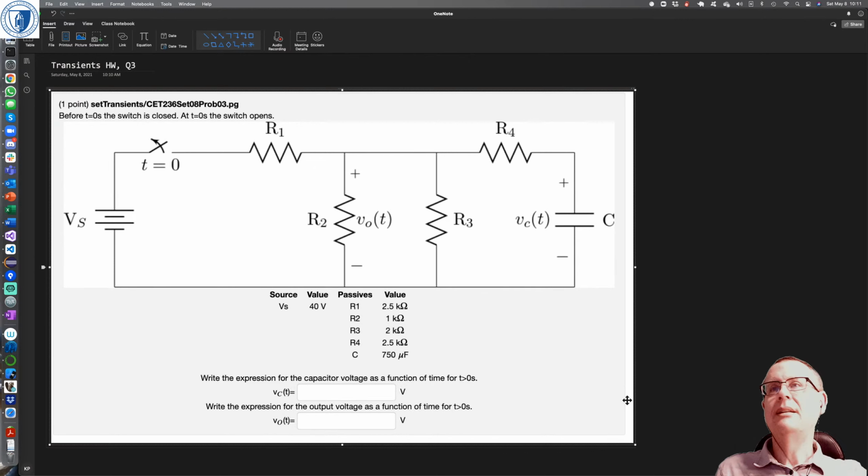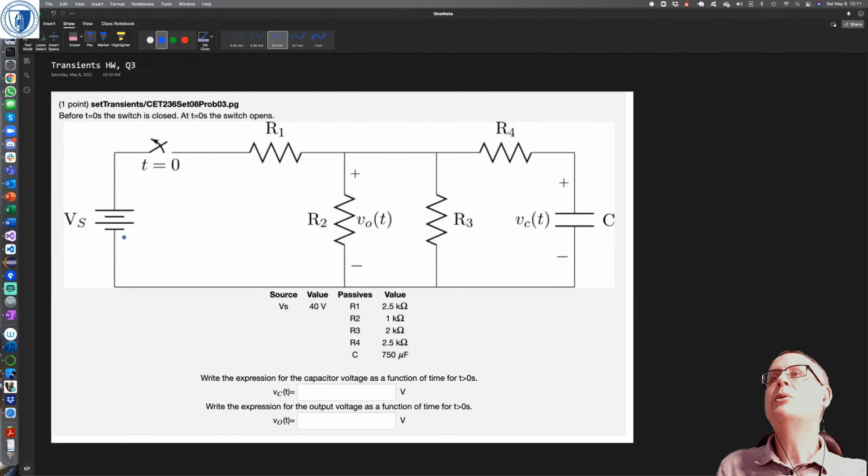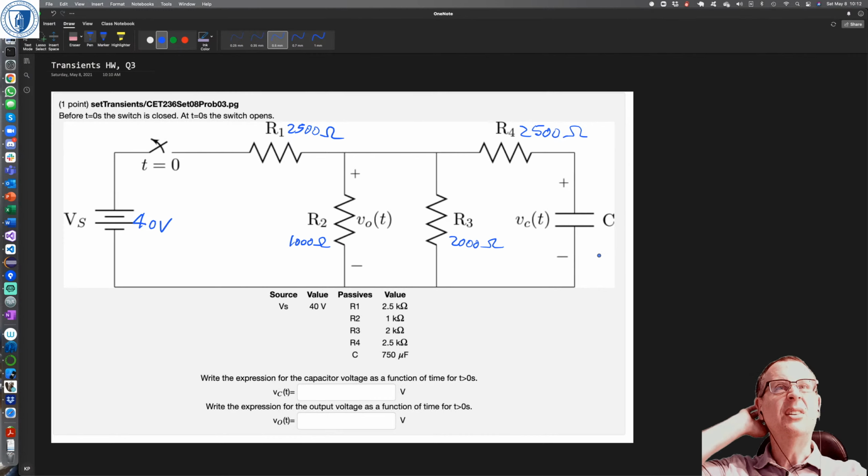And we've got a 40 volt power supply, and R1 is 2500 ohms, R2 is 1000 ohms, 1 kilo ohm, R3 is 2000 ohms, R4 is 2500 ohms, and my capacitor is 750 microfarads.